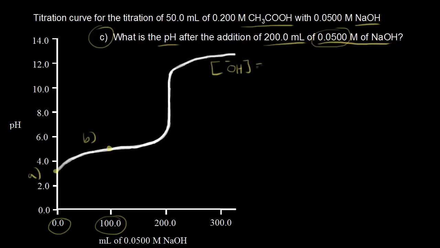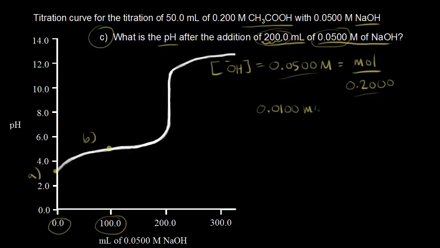Molarity is moles over liters, and 200 milliliters is 0.2 liters. So 0.05 times 0.2 gives us 0.01 moles of hydroxide ions. That's how many moles of hydroxide ions we're adding to our original acid solution.